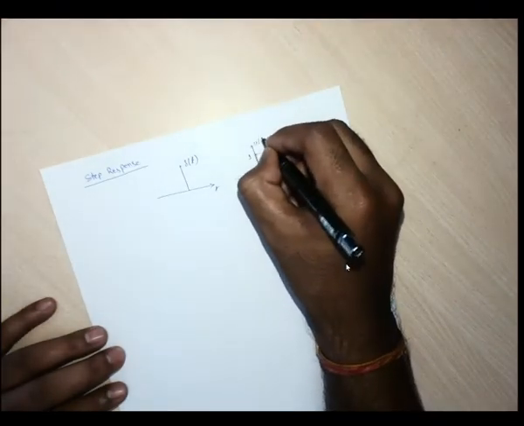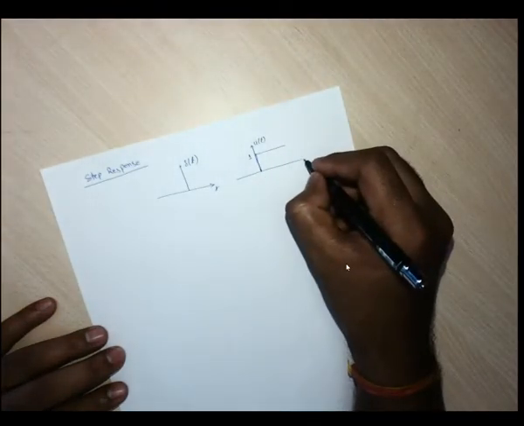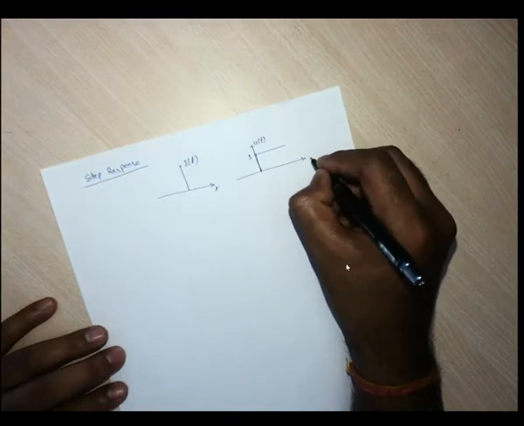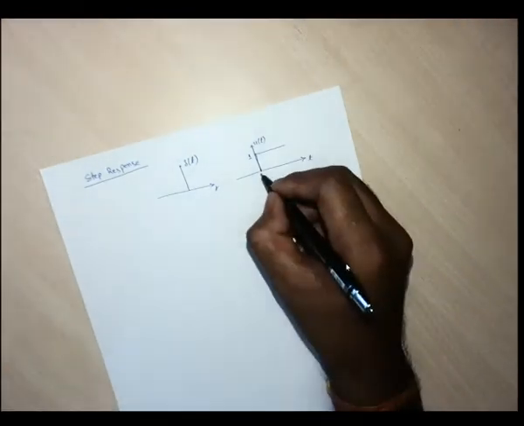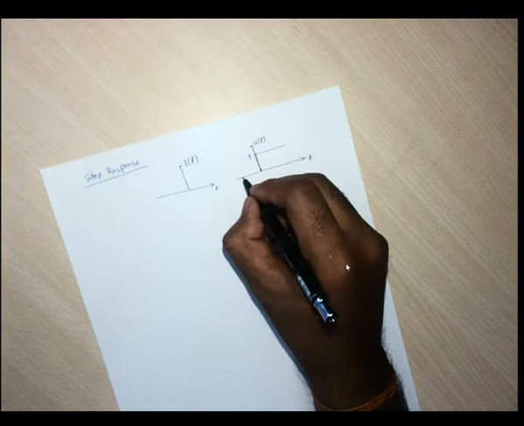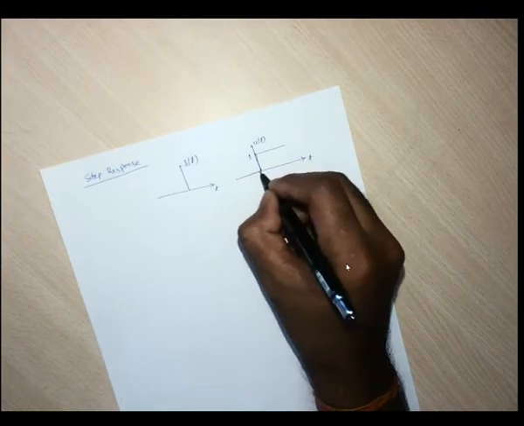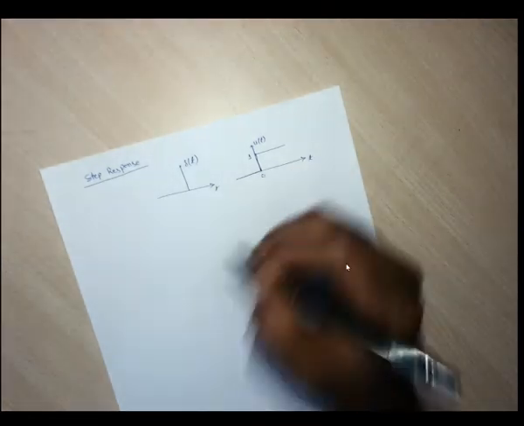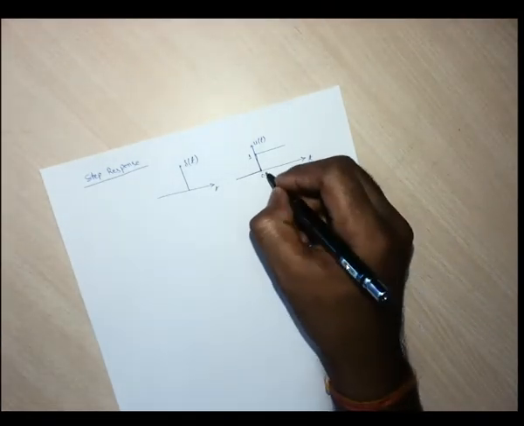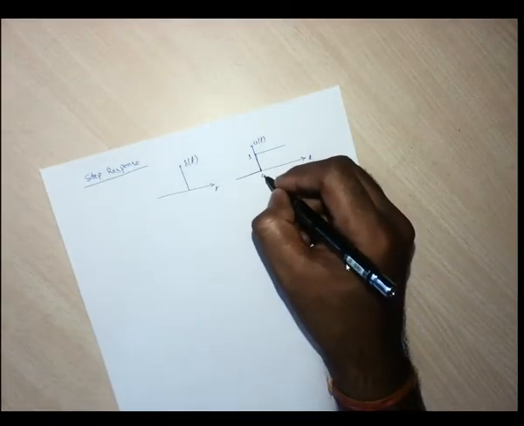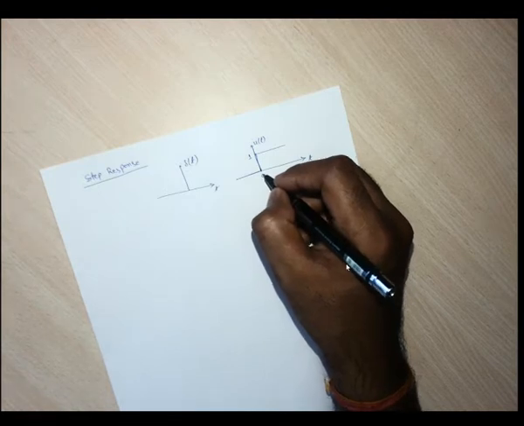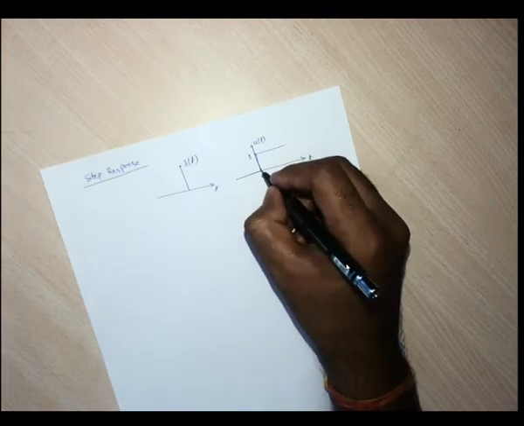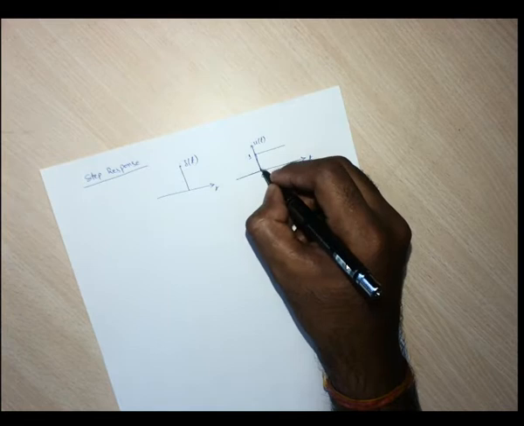So what does it mean? Previously, on this side, it maintains the amplitude of 0 up to the origin, right? But at the origin there is a sudden change in the amplitude. The edge rises from 0 to 1.